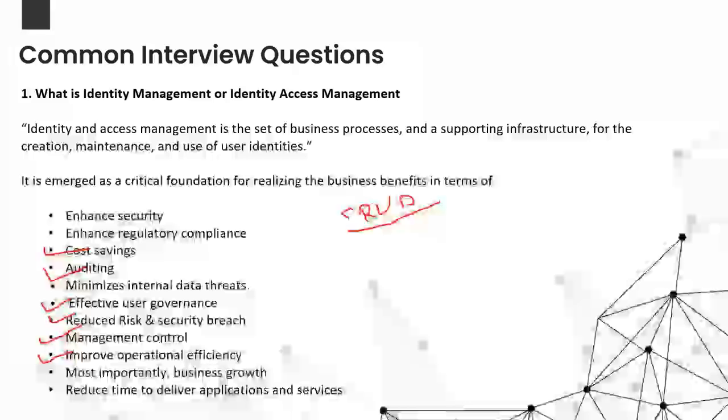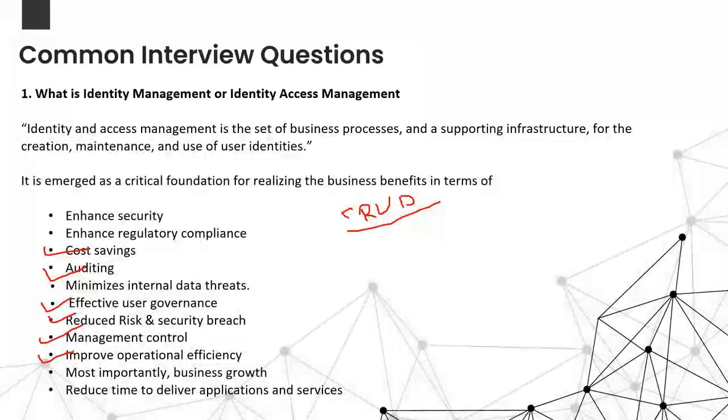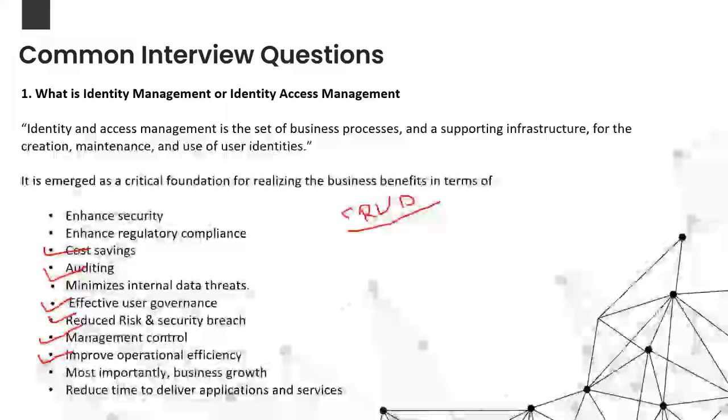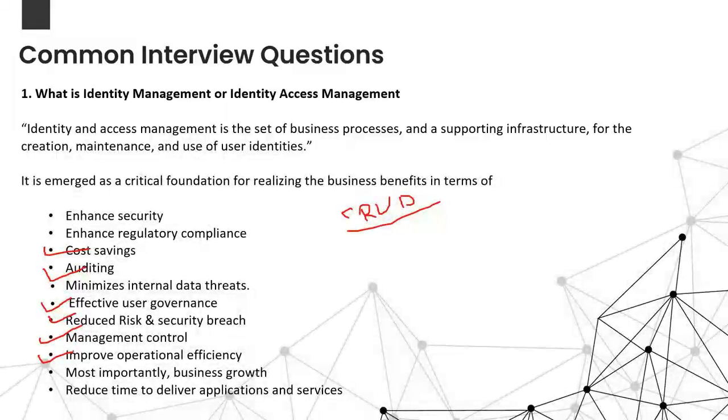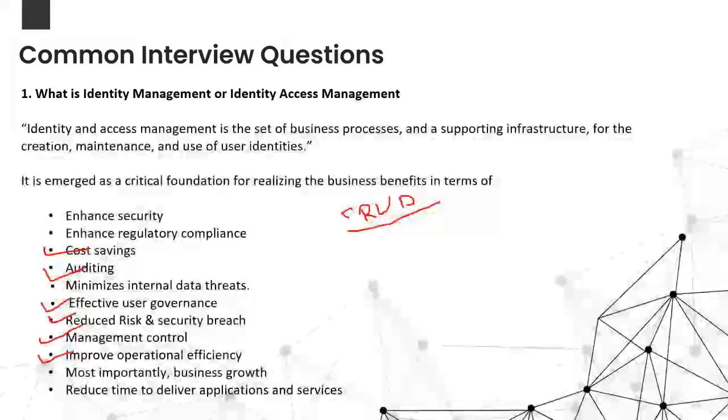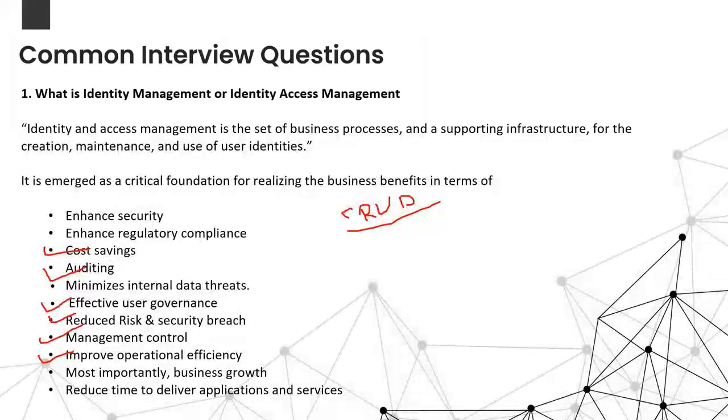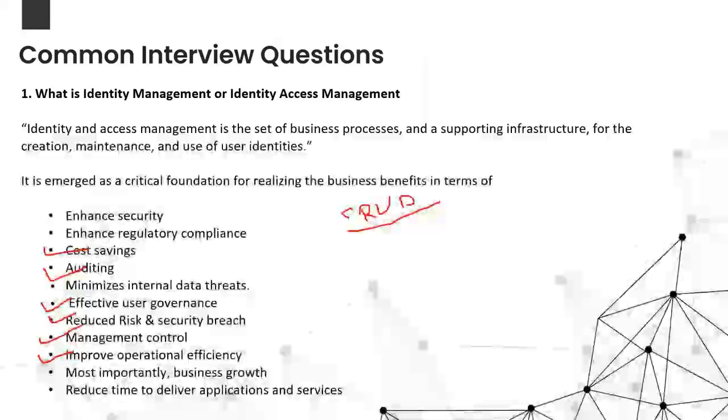If you do not have an IGA product, you need to reach out to the help desk and ask them, I need this particular access. Automatic delivery of services would not happen. When you have IGA products in place, that is SailPoint or any other IGA product, your application services can be delivered smoothly and faster as well. So that is reduced time to deliver the application and services, guys.